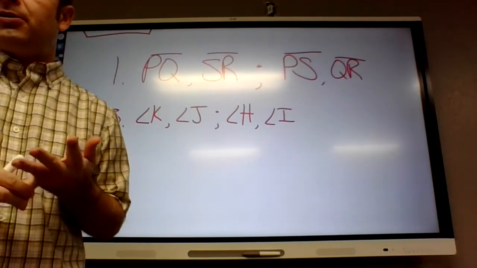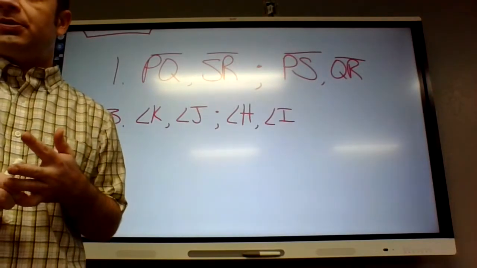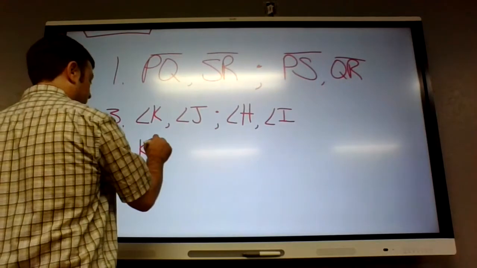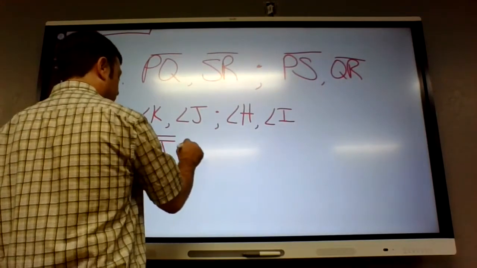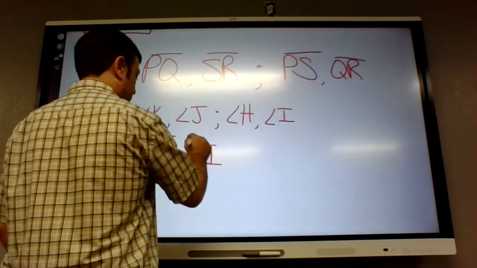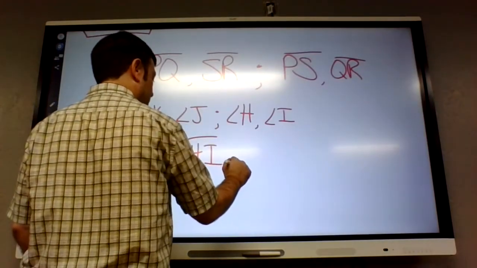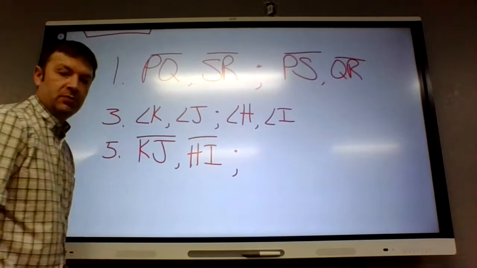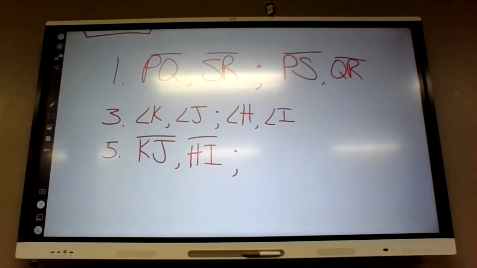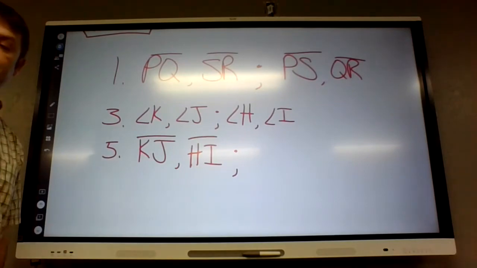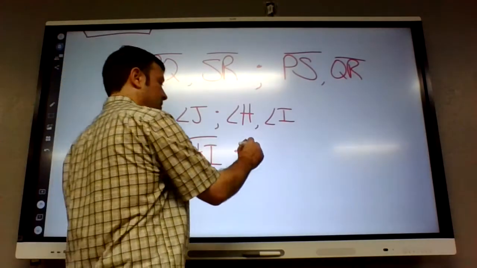So which sides are the bases in the trapezoid? Right, KJ and HI. Which means the other 2 sides are the legs. So that would be KH and JI.